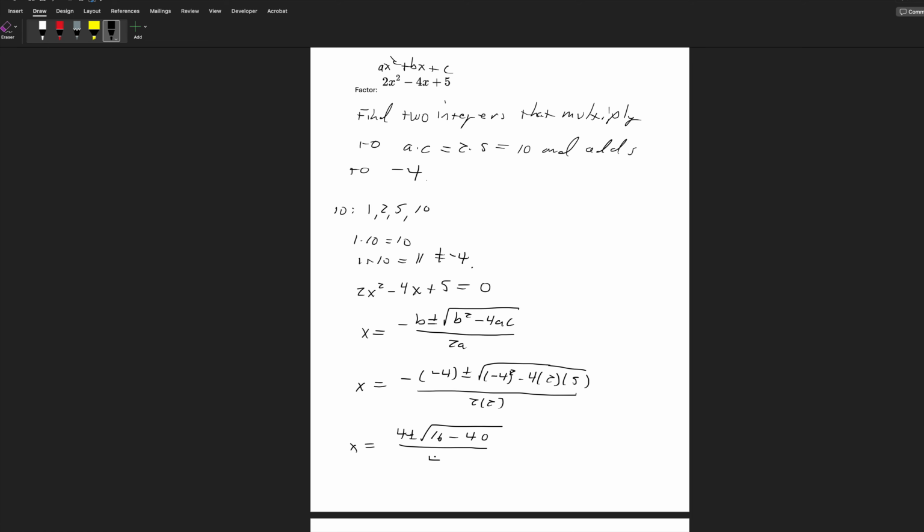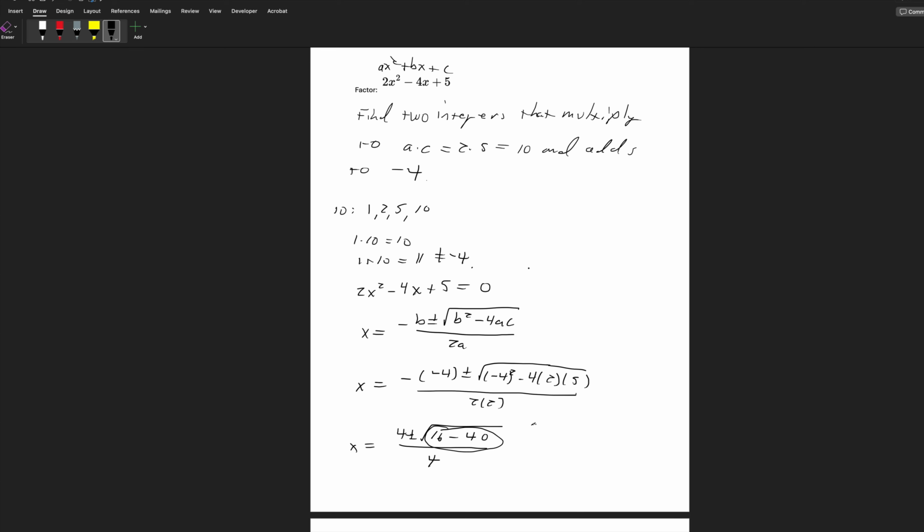We get that this is a negative number in here, right? And we know the square root of a negative number does not exist as a real number. This is going to be an imaginary or complex number. So we can conclude that 2x squared minus 4x plus 5 is not factorable over the real numbers.